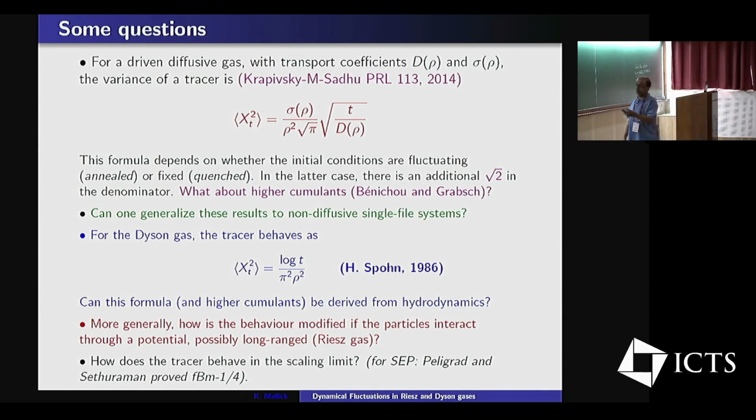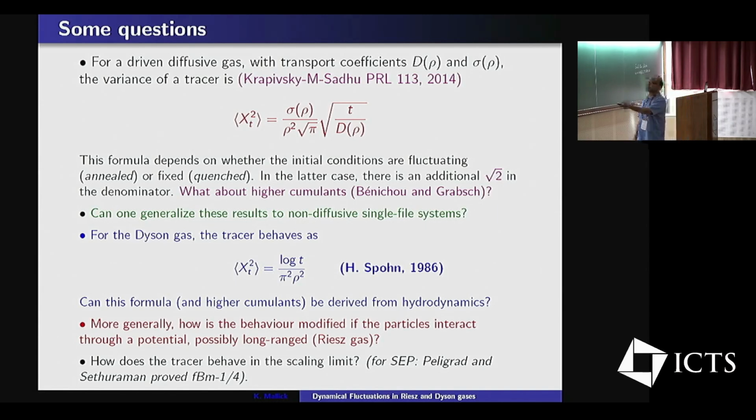He told me about a result he had for the Dyson gas, in which the variance of a tracer in a Dyson gas grows asymptotically, it should be asymptotically equal, as a logarithm. And he asked me whether this kind of result could be retrieved using a hydrodynamic approach? So I'm going to answer this question at last that Herbert asked.